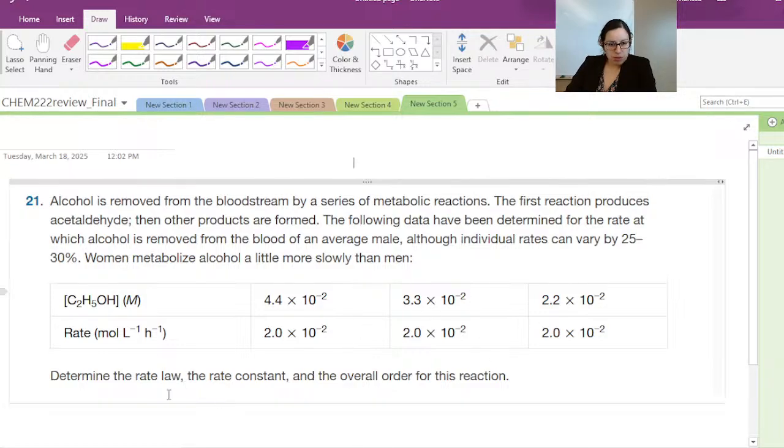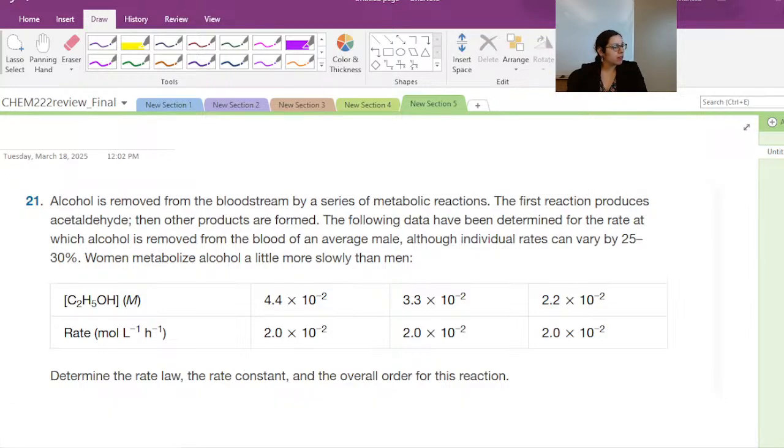See if you can figure out the rate law and rate constant. This is a question that would be on the final. Potentially, yeah.